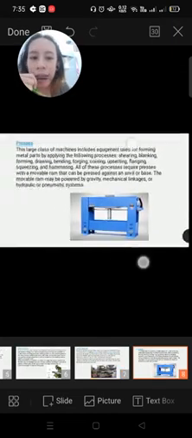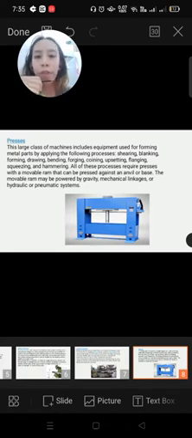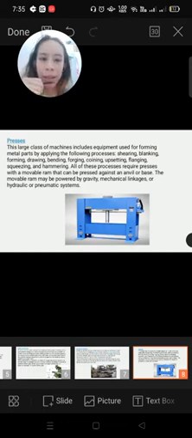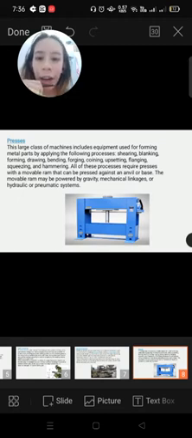Next is presses. This large class of machines includes equipment used for forming metal parts by applying the following processes: shearing, blanking, forming, drawing, bending, forging, coining, upsetting, flanging, squeezing, and hammering.